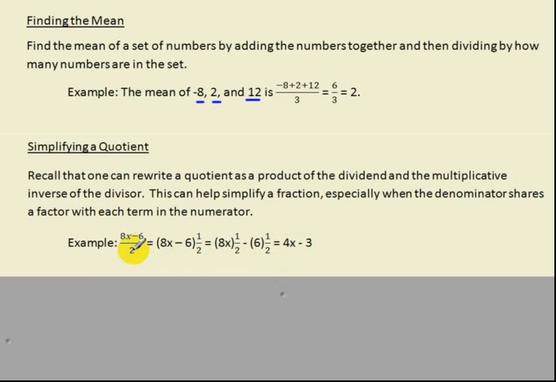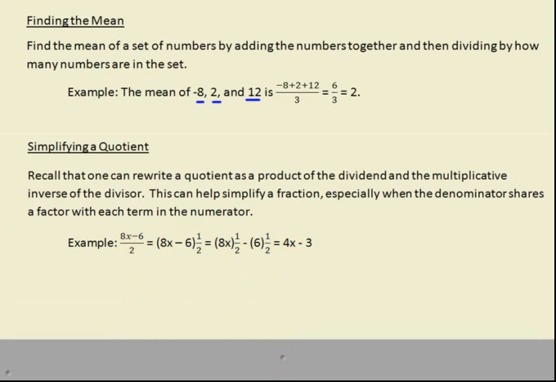For example, notice that 2 is a factor of 8 and of 6. So you can actually simplify here, but you have to be very careful, because if you're going to simplify the 2 in the denominator, in other words divide by 2, you have to make sure you divide every term in the numerator by 2. And that's what happened here. If you take 8x divided by 2, you get 4x, and then negative 6 divided by 2 gives us negative 3, or subtracting 6 divided by 2, subtracting 3.